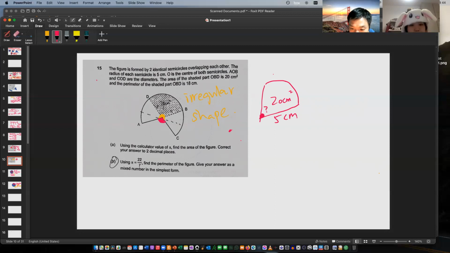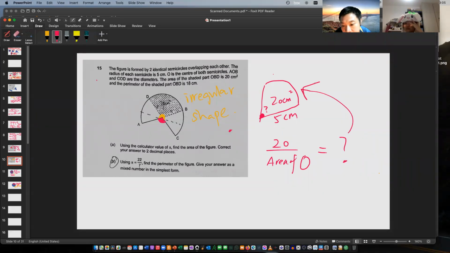What I need to do is take the 20, divide by the area of the entire circle. Then I will know what is the fraction of this pizza slice.